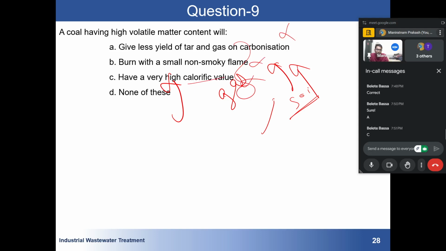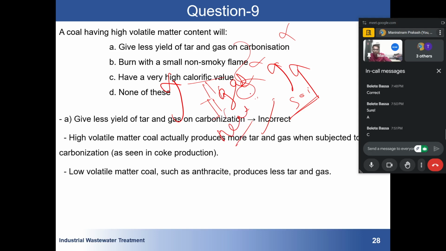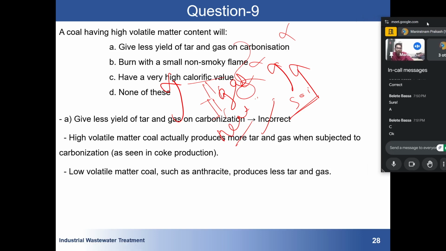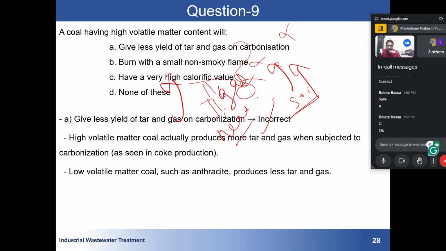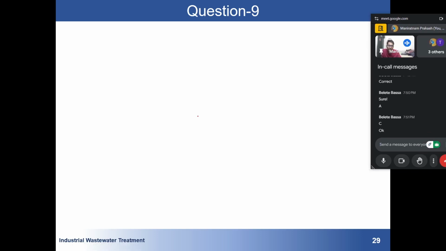Have high calorific value. Calorific value is a different thing. Calorific value is how much heat is being produced. Now just listen, I will explain each and every option. The first option was give less yield of tar and gas.